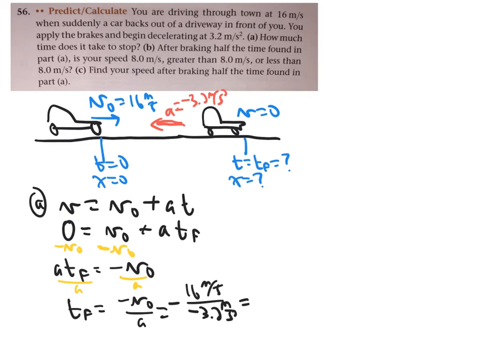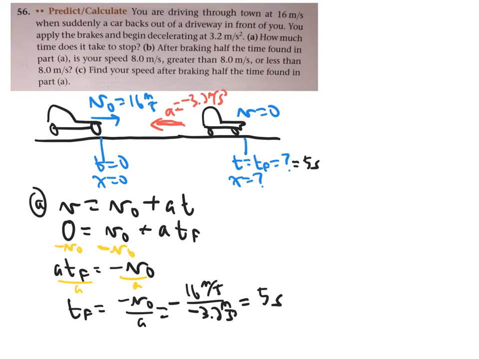Happily, we see that the two minuses cancel out, and we get plus, and our number is 5. That's kind of convenient. So our final time here turns out to be 5 seconds.